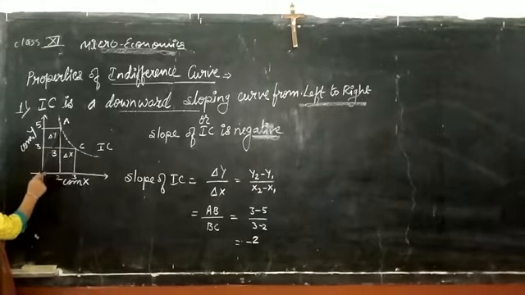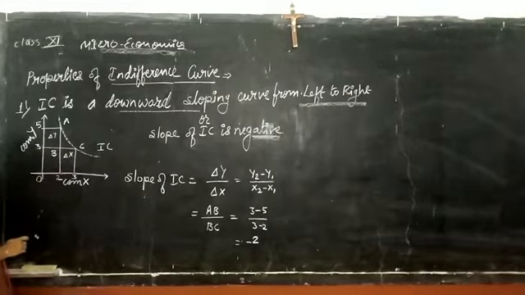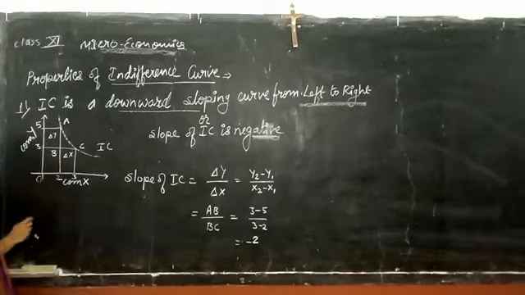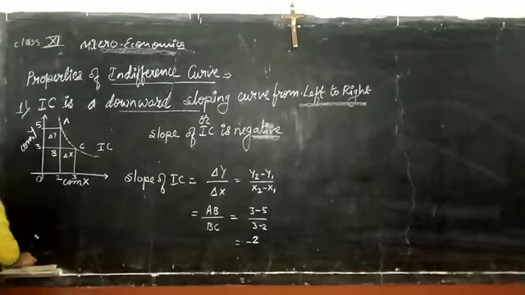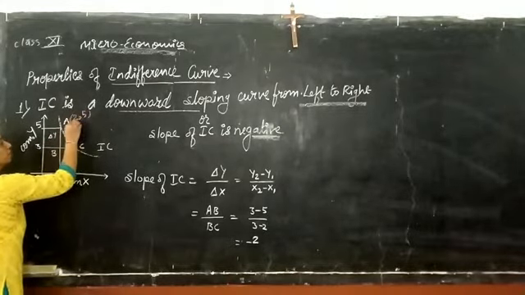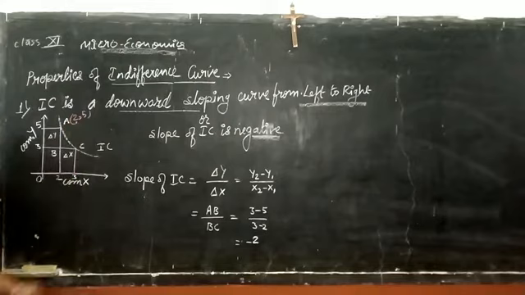This is point A and this is point C. A consumer is moving from A to C. At A he is consuming 2 units of X and 5 units of Y.